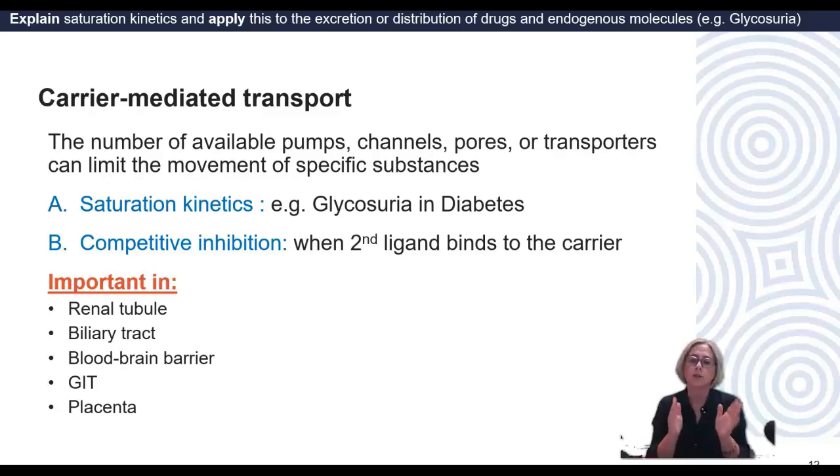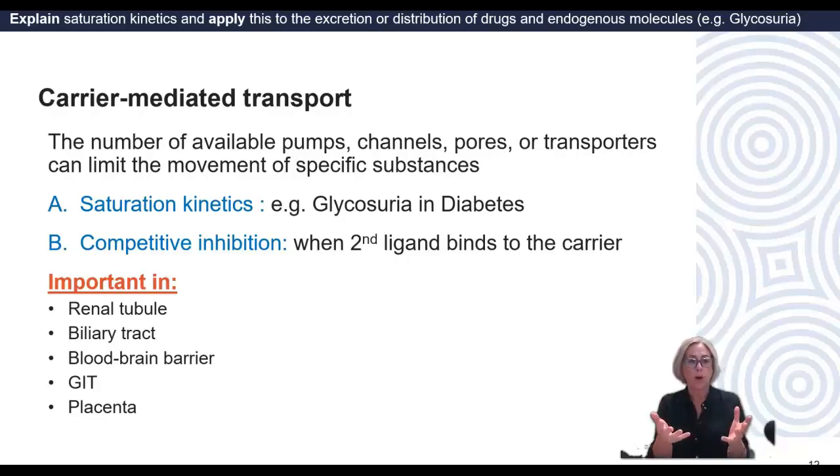But what we see in uncontrolled diabetes is not normal blood glucose concentrations. We see abnormally high blood glucose concentrations. So all that glucose gets filtered into the renal tubules and it's flowing in the filtrate past that first proximal convoluted tubule.